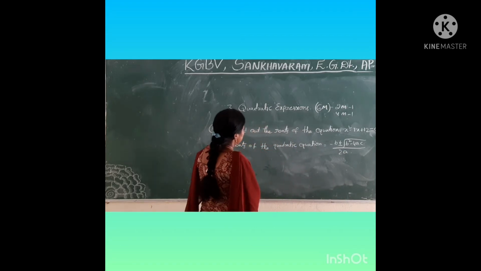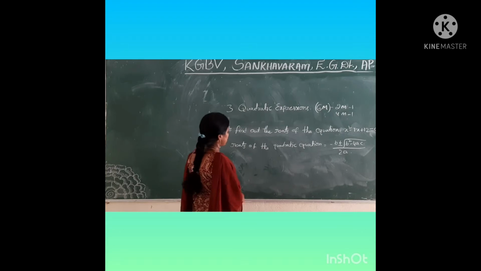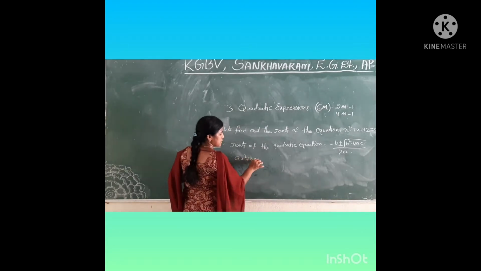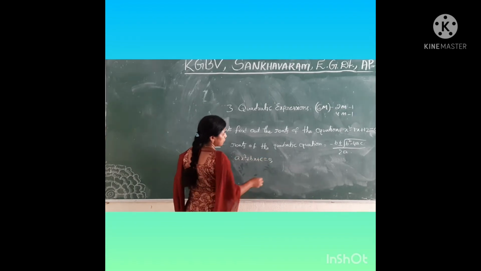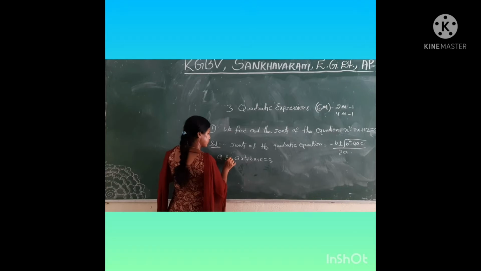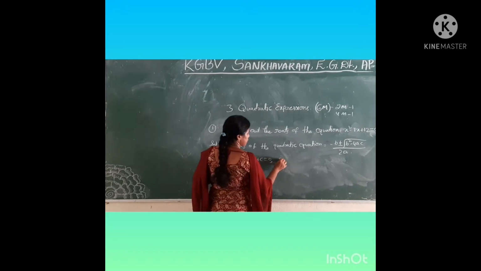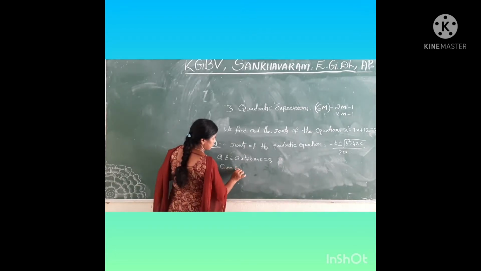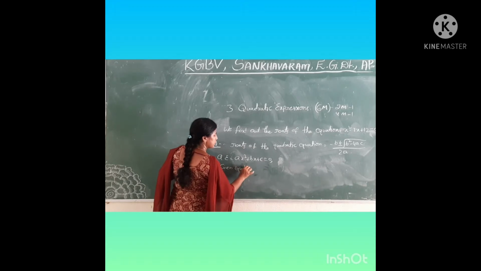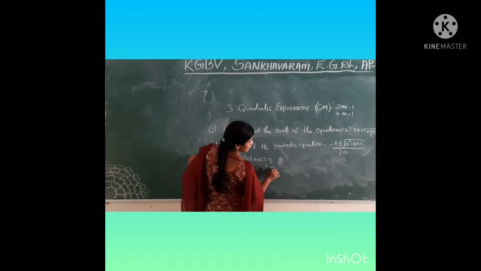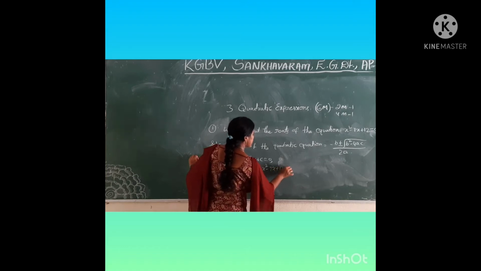First we compare with the quadratic equation ax square plus bx plus c is equal to 0 and the given equation x square minus 7x plus 12 is equal to 0.